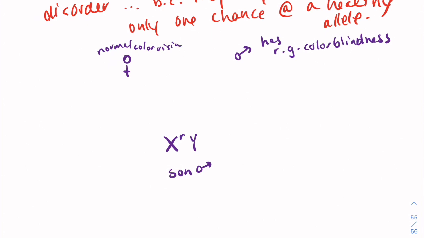So here's the information up here. Here's the mom over here with normal color vision. Has a son with red-green color blindness. And she's sure that it's red-green color blindness. She's like, "Yeah, he got it from his father." And we're like, "Huh?"